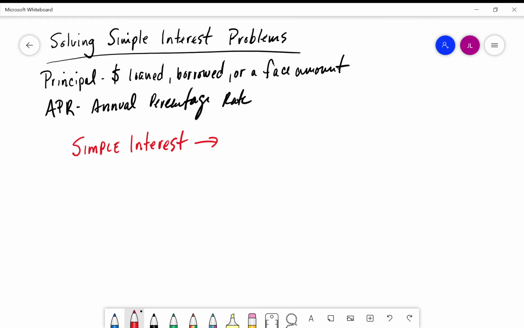Simple interest is equal to the principal times the rate times the time. And when we talk about time, we're always looking at this in a year in some way, shape, or form. So if we know the principal, we know the interest rate, we know how long we have that principal, then we can calculate the interest on it.